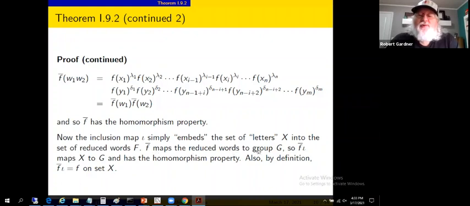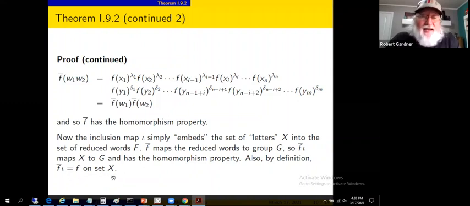F bar maps the reduced words to group G. So F bar iota maps set X first into free group F and then into the arbitrary group G that they gave us. And it has a homomorphism property. By definition, F bar of iota equals F on set X.